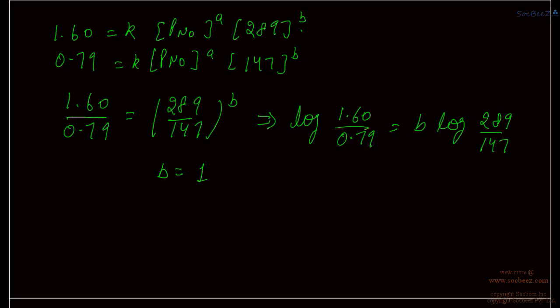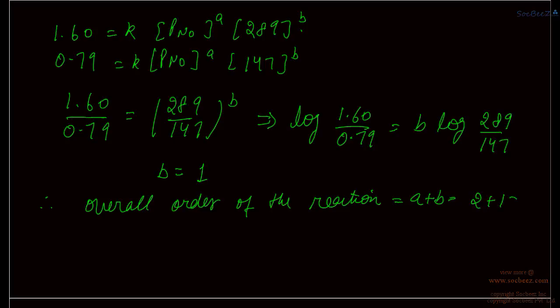So solving this expression, we get the value of B equals 1. Therefore, the order of reaction with respect to H2 is 1. And hence the overall order of the reaction equals A plus B equals 2 plus 1 equals 3. So this is the answer.